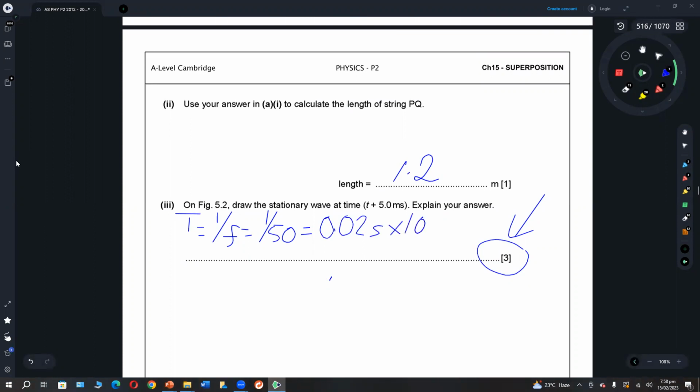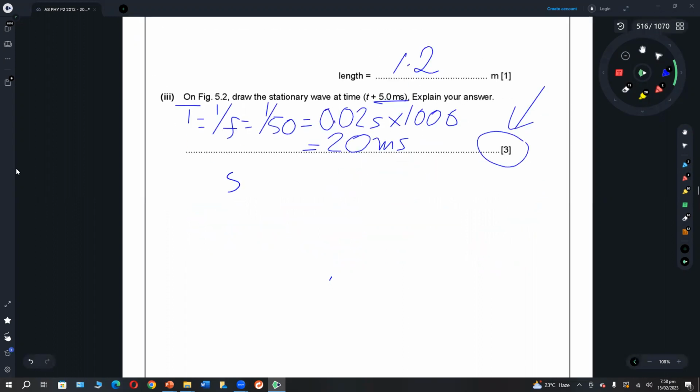I multiplied with 1000 to get it in millisecond. I got 20 millisecond. So once I get 20 millisecond, he is asking me for 5 millisecond.